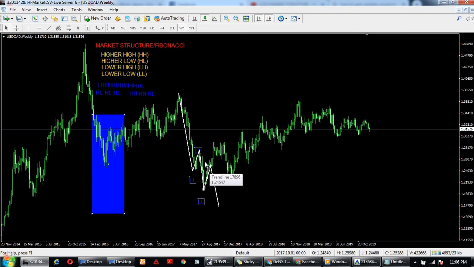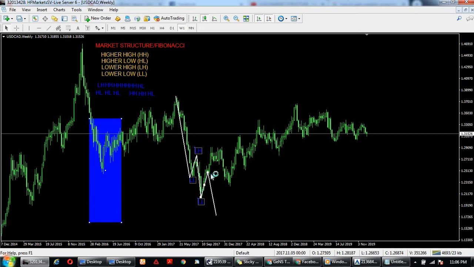We would have been expecting a pullback, and then for price to do what? Move much further to the downside, because this is clearly a downtrend. Price has been on a downtrend.